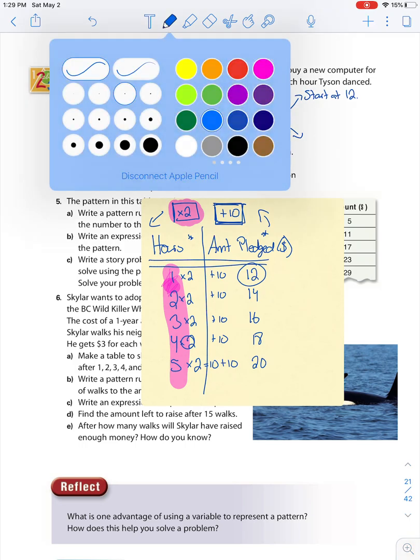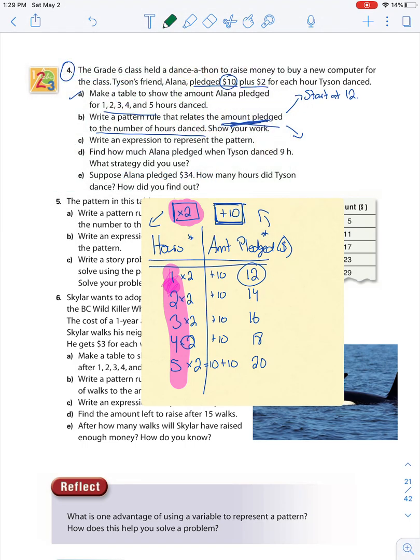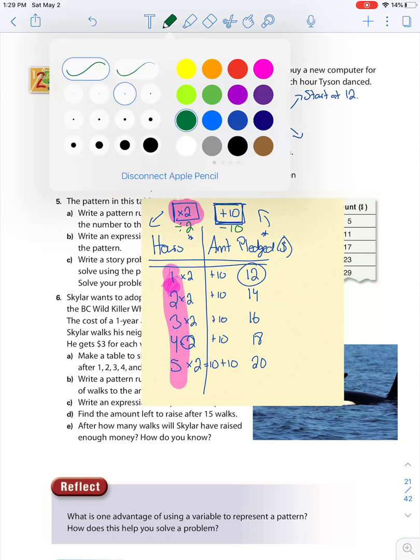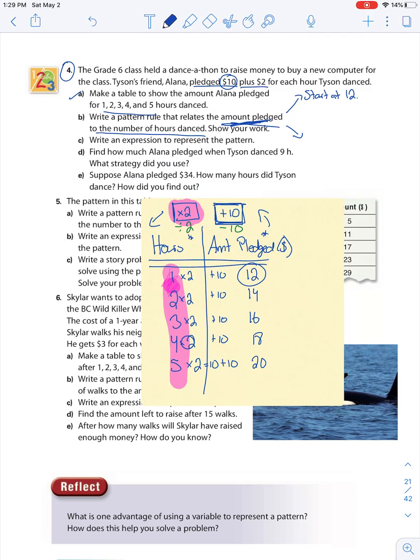How are we going to do this? Well, in this case, we're going to work backwards. So it would be minus 10, and then divided by 2. So 12 minus 10 would be 2, and then 2 divided by 2 would be 1. So that's how we work backwards.